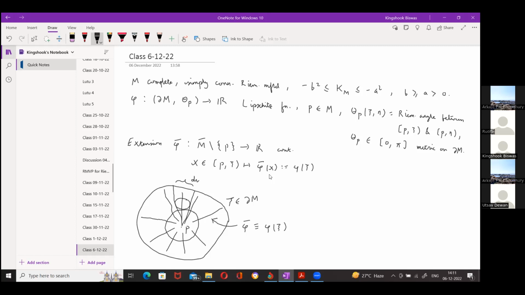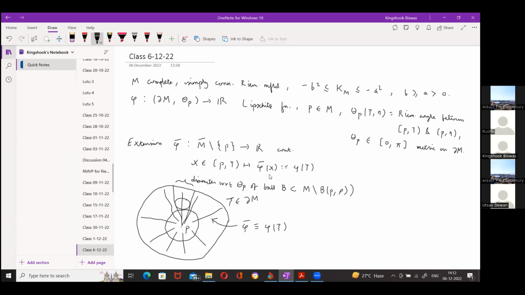The diameter of this shadow, so the diameter with respect to this metric theta p of a ball B contained in M minus the ball around P of radius rho, right?